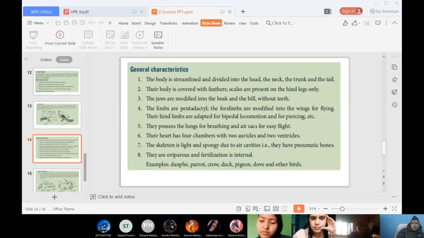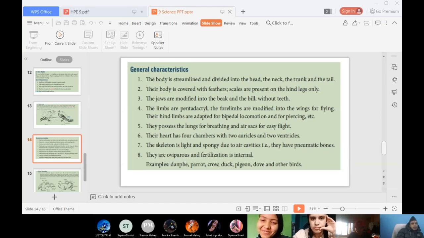Their body is covered with feathers. We don't get any bird without feathers. And they possess a beak without teeth. They have a beak but no teeth.